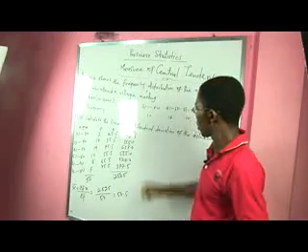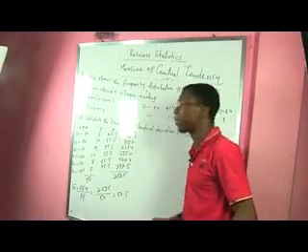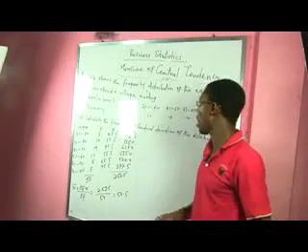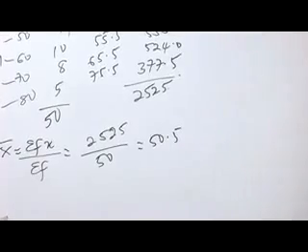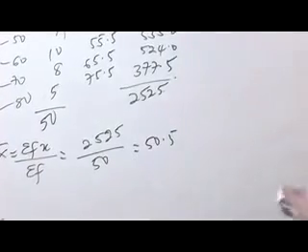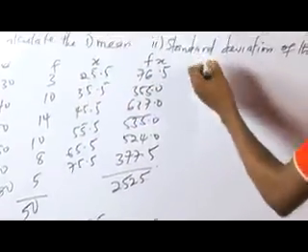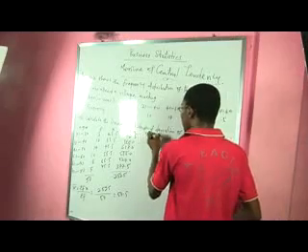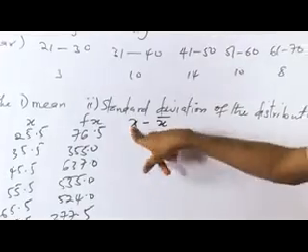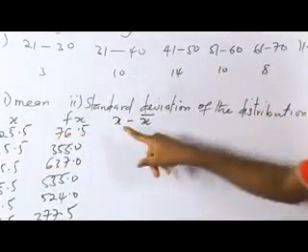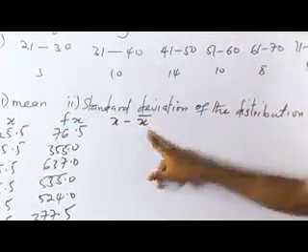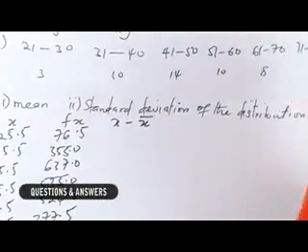So having done this, the next thing is now to proceed and find out what we refer to as our standard deviation for grouped data. Now to do this, what we simply need to do is to subtract our mean from our value.